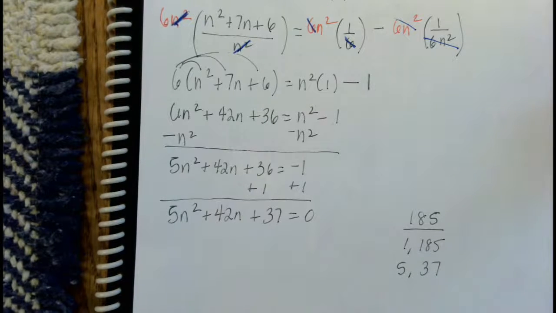And actually, that works out here because 5 and 37 does add to be 42. Got lucky on that, to be perfectly honest.